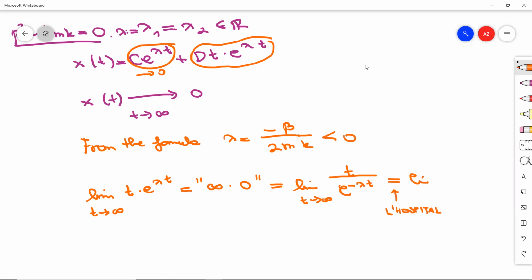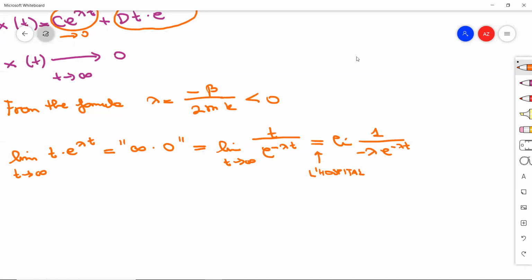The derivative of the numerator is 1, while the derivative of the denominator is minus lambda times e to minus lambda t. And as t goes to infinity, this goes to 0. So the limit is 0.